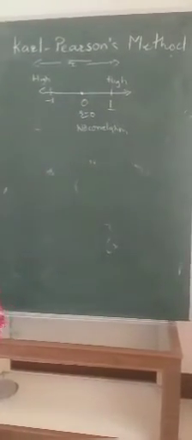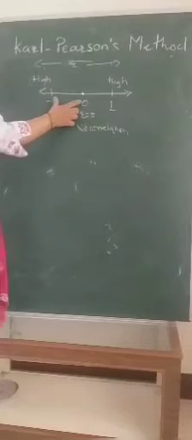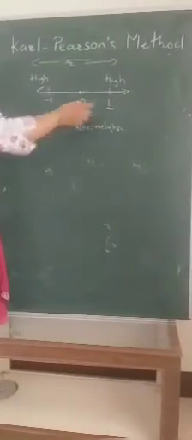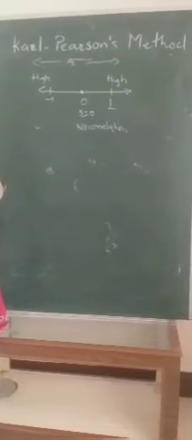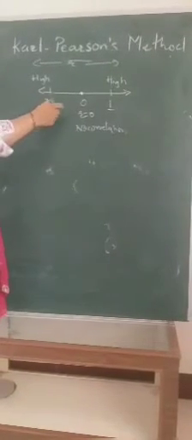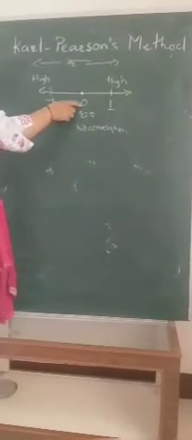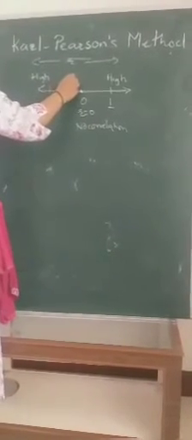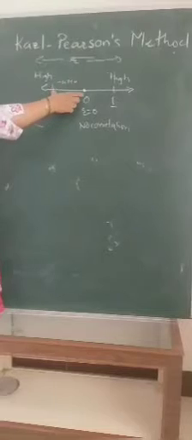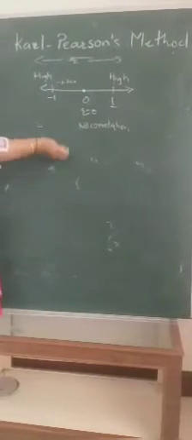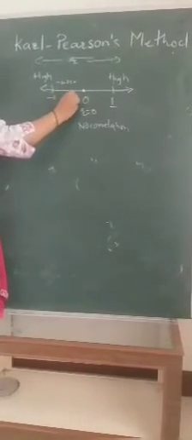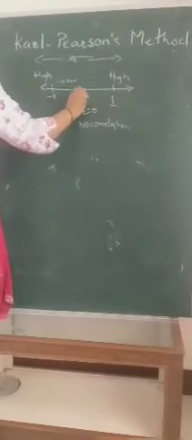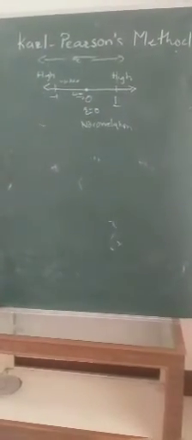Now the question comes to our mind: what about the values between -1 and 0, and between 0 and 1? If the value is between -1 and 0, that is, -1 less than r less than 0, and r is towards 0, it will show a low degree of correlation.